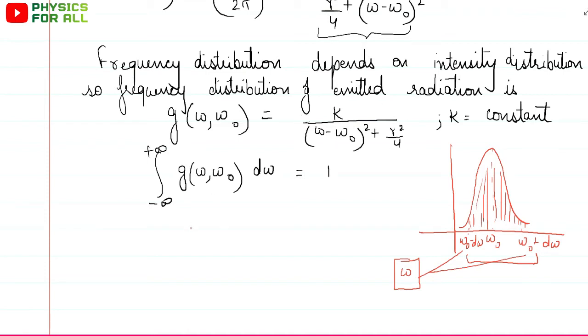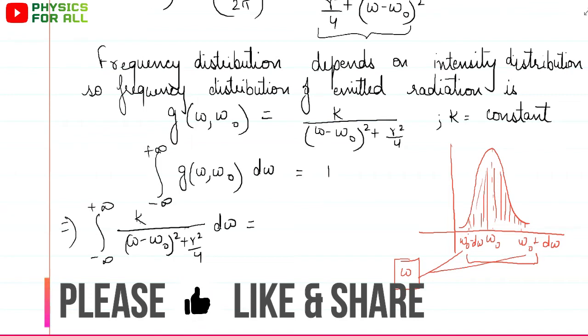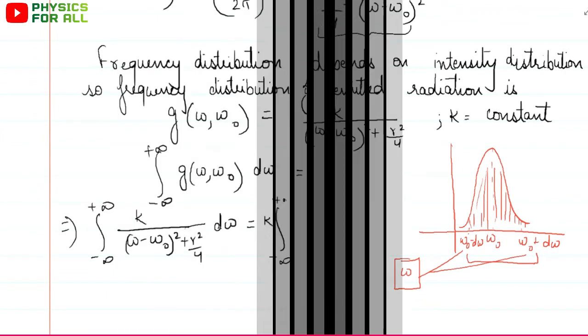Now we are going to substitute. When we substitute, what do we get? We get the integral from minus infinity to plus infinity, and now G(omega, omega naught) would be K upon this quantity, omega minus omega naught whole square plus gamma square by 4, d omega. If we take gamma square by 4 as constant, K is a constant, we can bring it outside the integral, no problem with that.